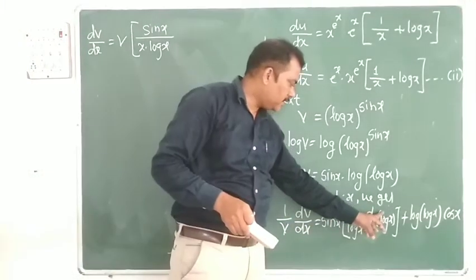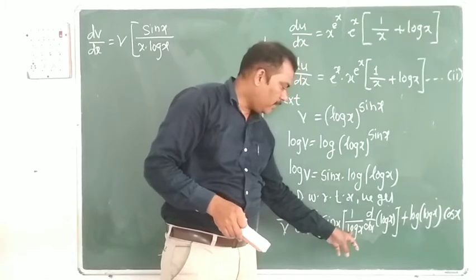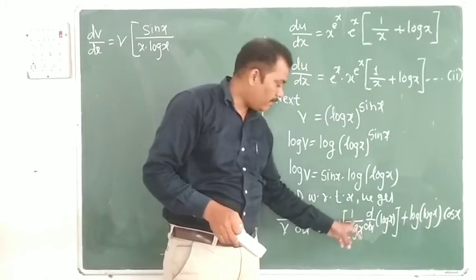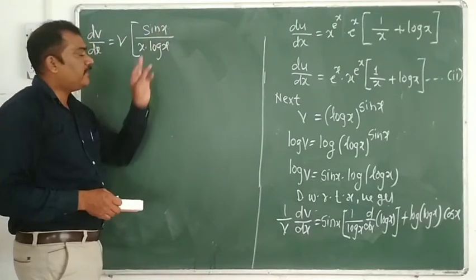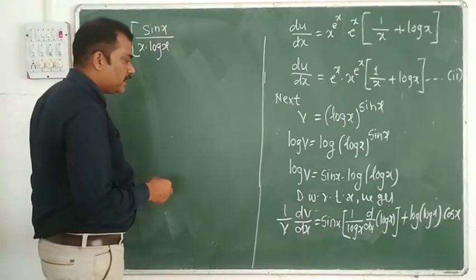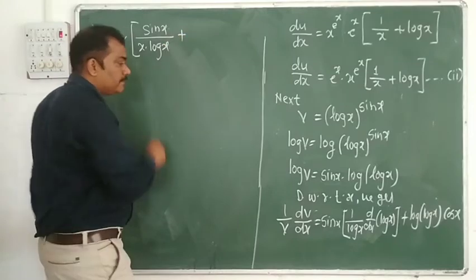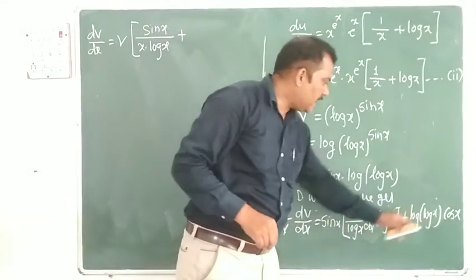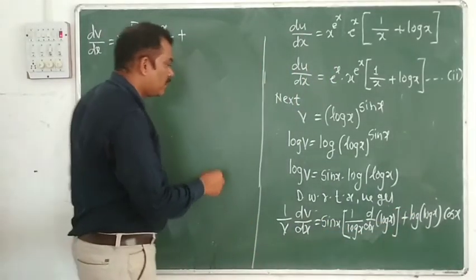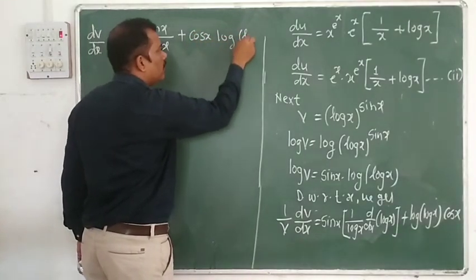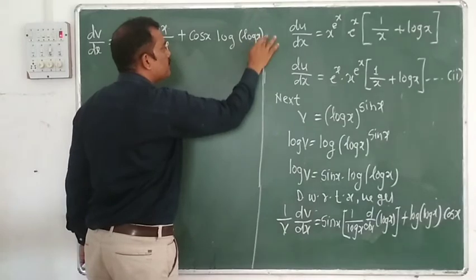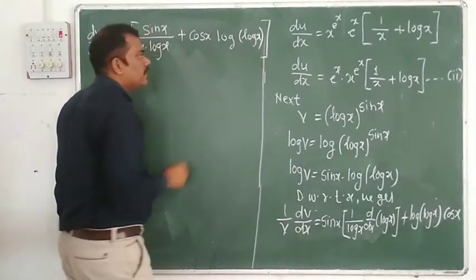Derivative of this log x is nothing but 1 upon x, multiplied by 1 upon log x, that is 1 upon x into log x, that is we get the term sin x divided by x into log x, plus this one as it is, cos x into log x. This bracket is closed here.